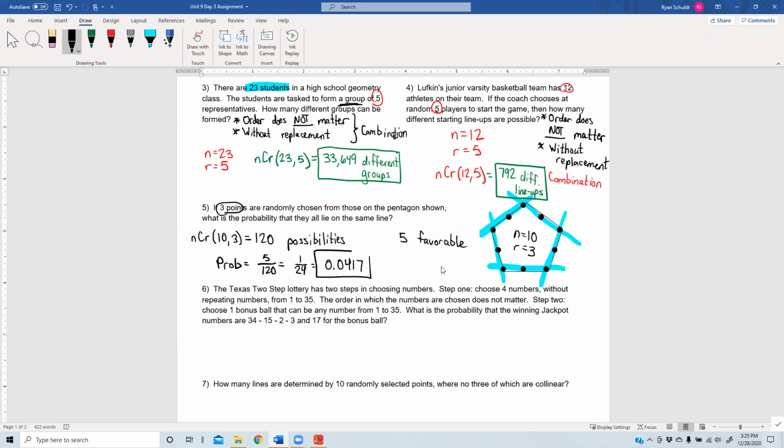So that's the probability. Of course, again, with probabilities, decimals don't tell us much, but percentages do. So we've got a 4.17% chance of getting a desirable outcome.